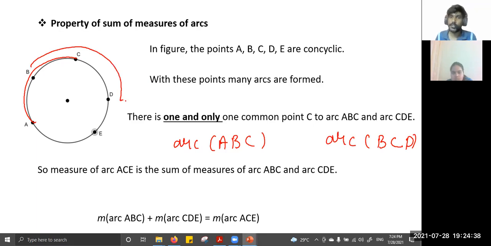How many common points are in both these? B and C. So there are two common points. Arcs are different, but two points are the same, so you cannot use the property. Only one has to be the same, compulsory. Only then use the property, otherwise you cannot.